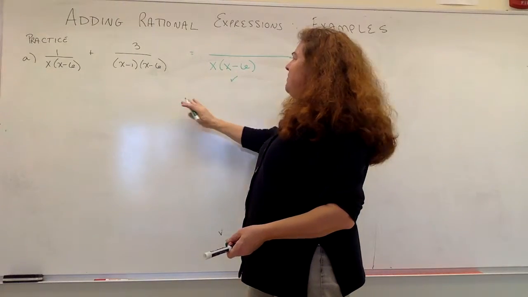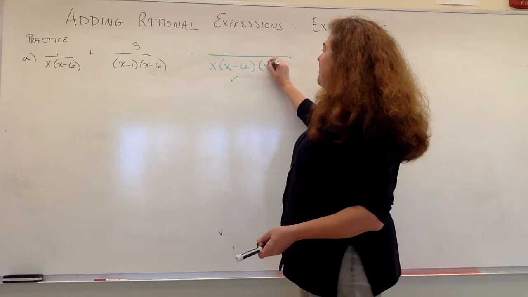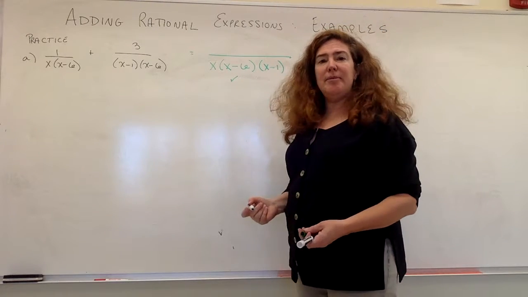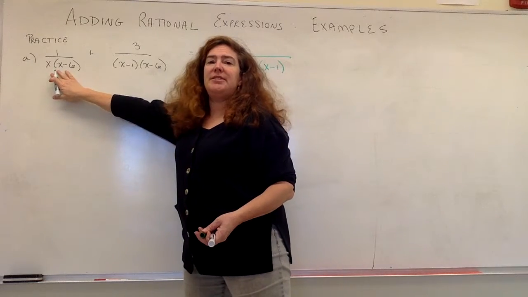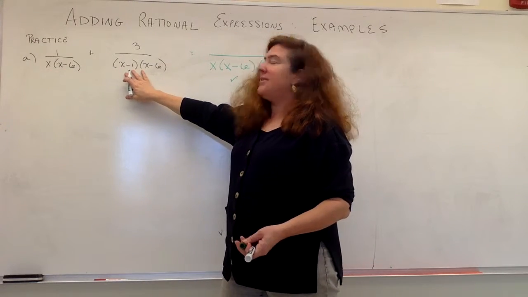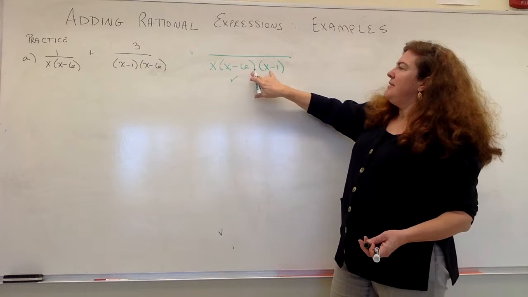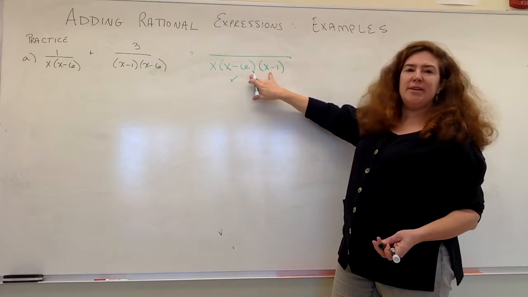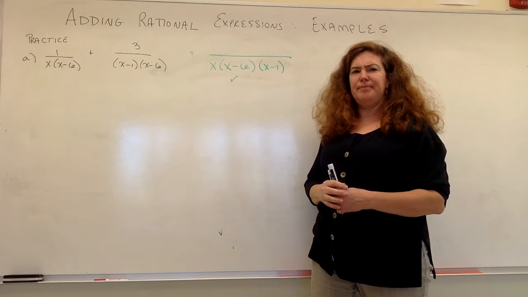Well, I already have the x minus 6, but I'm missing the x minus 1. So you can think of a common denominator like a word search. I need to be able to find both of these denominators in my common denominator. So here's my x times my x minus 6. Here's my x minus 1 times my x minus 6. That's my common denominator. First step.